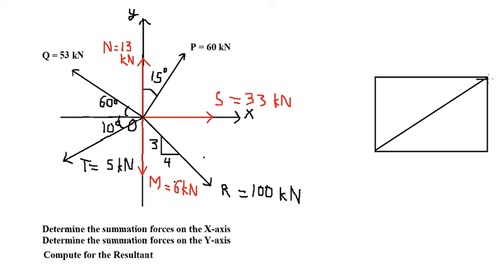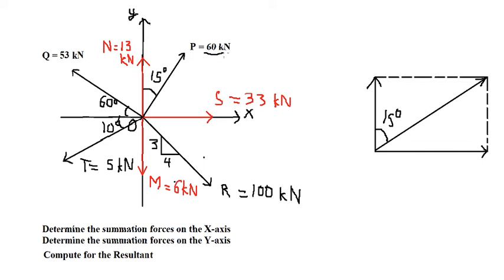We know this vector is the combination of this vector and this one. For example, we have this one in here and I will put the angle at 15 degrees.